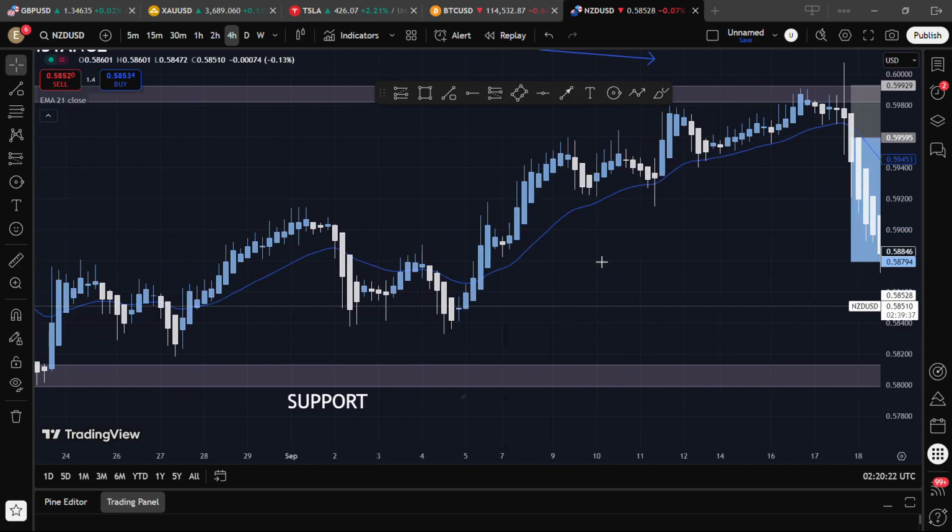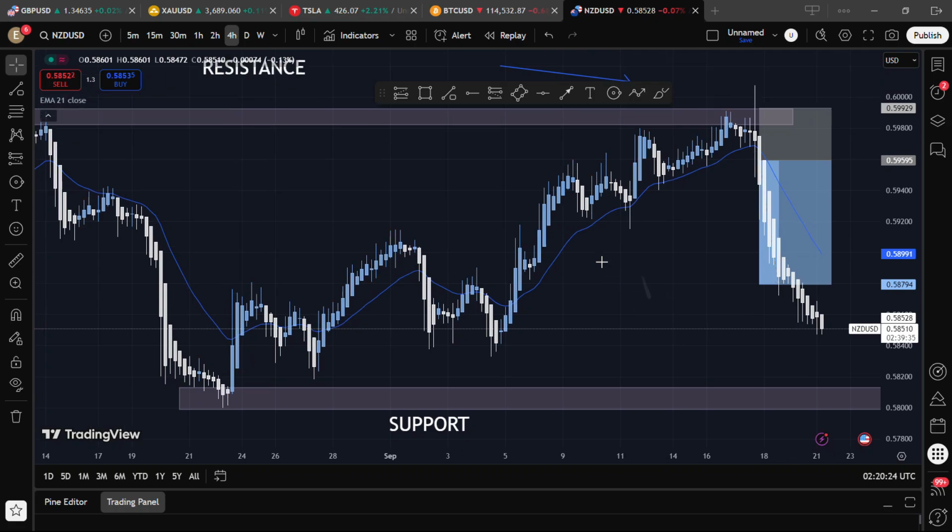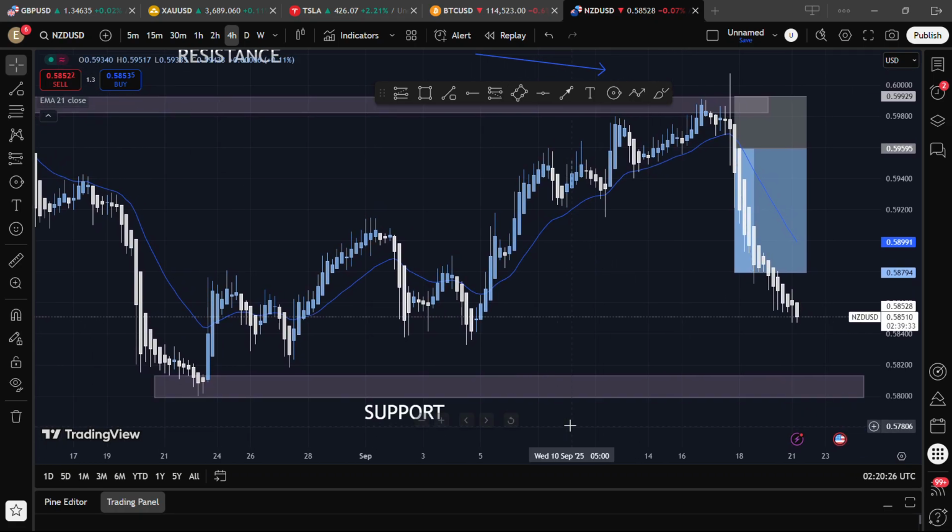And with this, there's another pattern over here that I want to show you. This is not part of the support and resistance, but I talked about it in my previous video, which was the W and M pattern. As you can see, this is a W pattern over here.